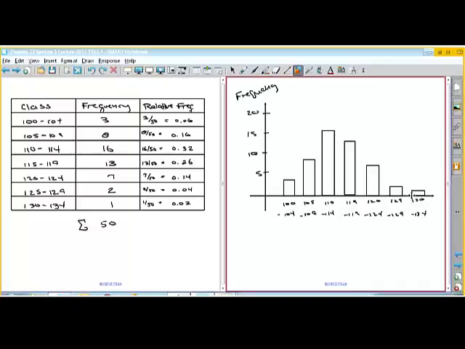So what this allows you to do is basically give you an idea of where the middle of the data is, because the middle of the data is going to be somewhere right in here, because that's the one with the highest frequency. So when I get to averages, means, medians, and modes, this will give me a good idea of what the mean is. The mean is usually the value in the middle, or it's just the average.